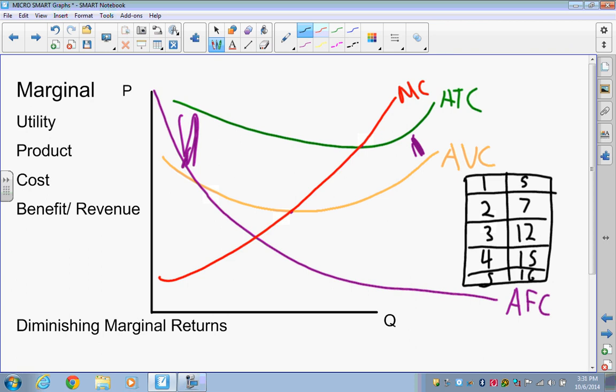Okay, where's stage 1 production? What unit of production over here does stage 1 production end? After stage 3. Okay. Yeah, stage 3 is where it ends, because what's the marginal product right here?